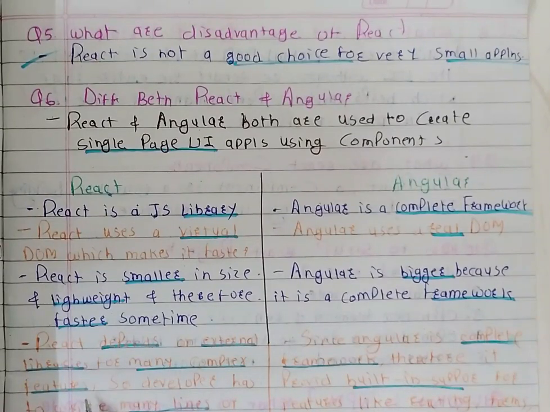React depends on external libraries for many complex features, so for complex features we have to add external libraries, and the developer has to write many lines of code for complex functionality. It is not a full framework, it is basically a library.